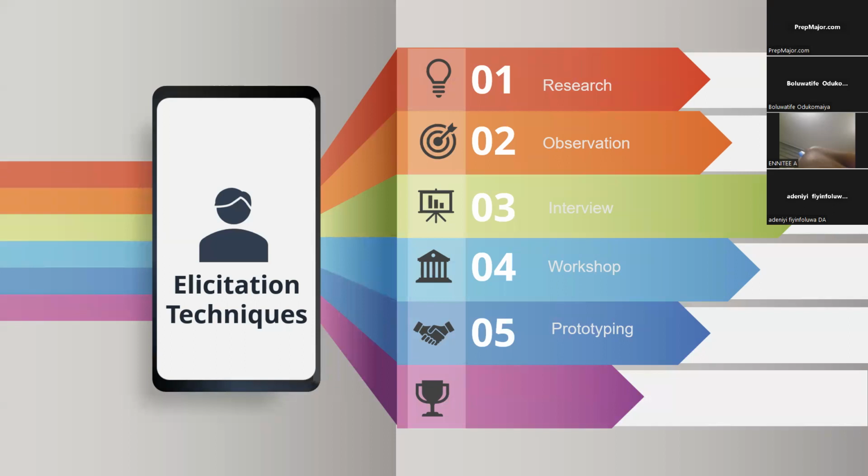Observation. So for instance, this elicitation technique can be used in a situation whereby there is going to be a change in process, and you are in that environment with the people using the current process, so you are observing how they use it so that you can understand the areas of improvement that are to come. You can ask them questions.